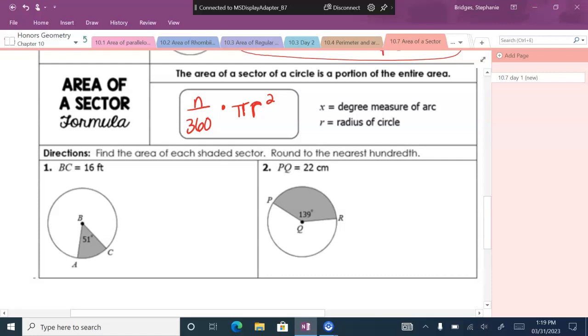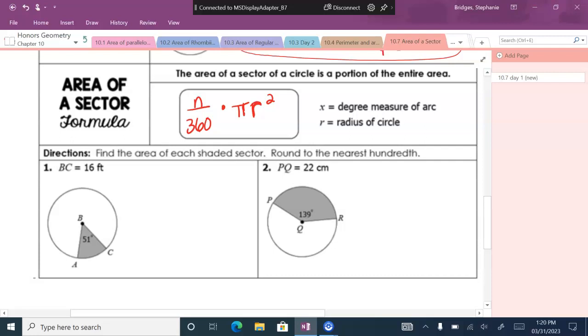Now we're going to find the area of the shaded region. Do you want a fraction or exact? Yeah, we want to leave all these times pi.